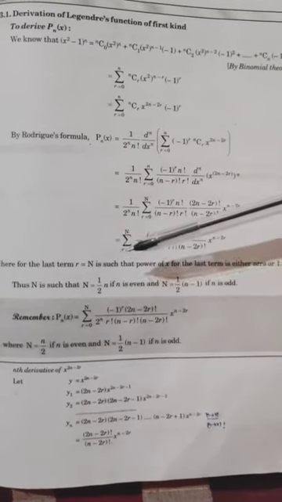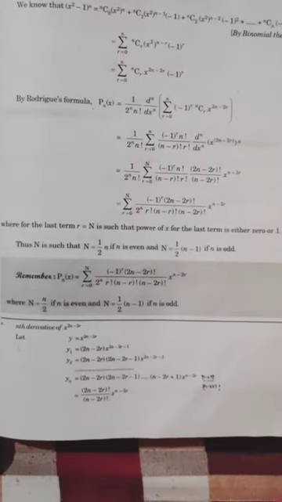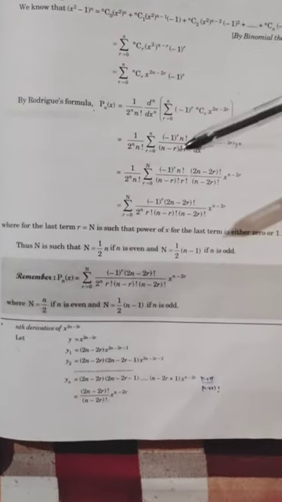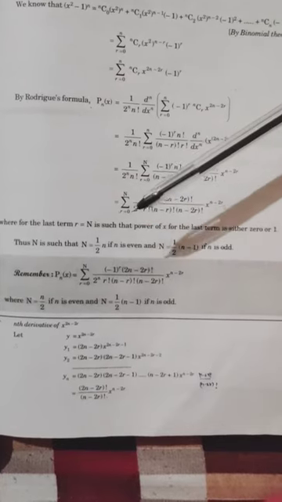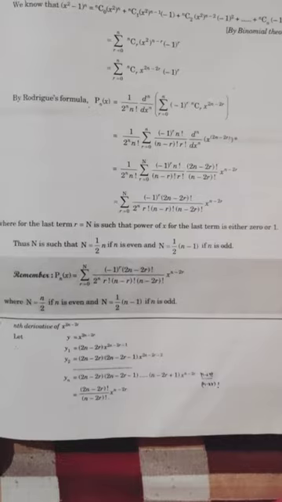After rearranging the terms, we get the summation of r equals 0 to N, where for the last term, r equals capital N is such that the power of x for the last term is either 0 or 1.